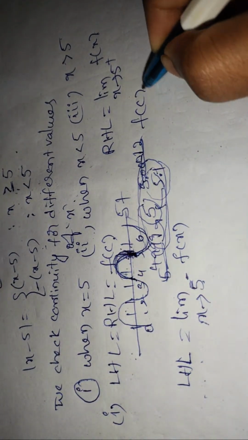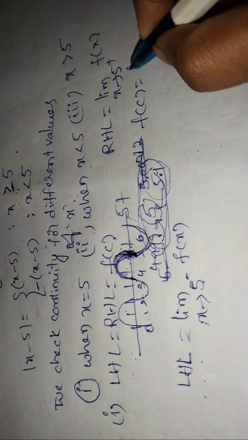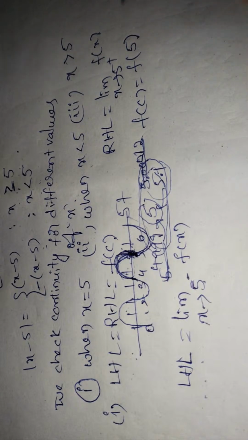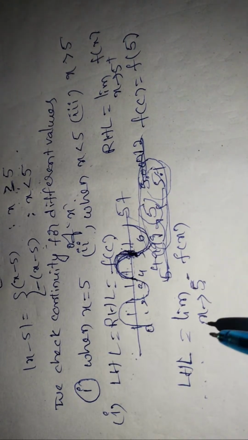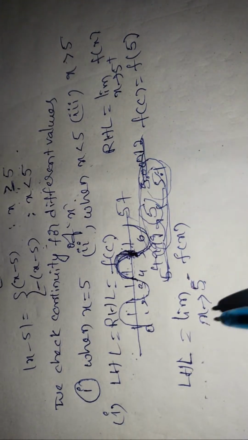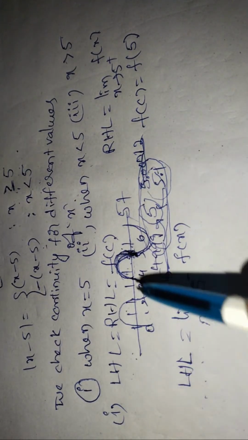What is f of c? Simply I will write the c value. What is the c value in this? 5, the exact value. I will write here. Now we need to get all three values equal. If all three values are equal, then this is continuous. Understand? So first I will start with the LHL.